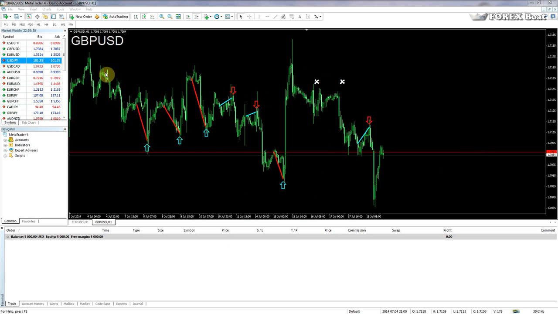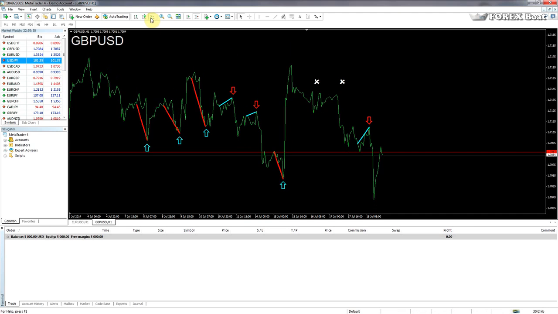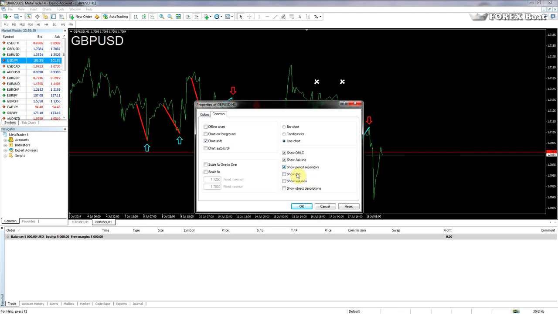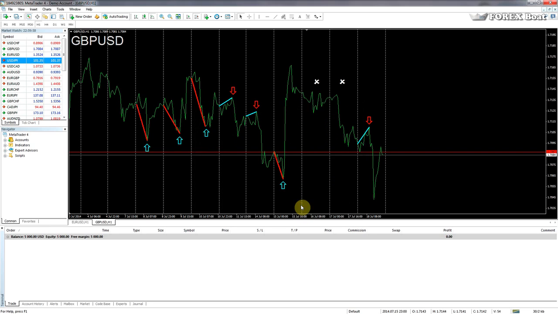So here you see the British pound dollar chart and some highlights that I've already made. And they might not make sense right away, but watch how this changes in less than a minute as I just adjust the chart a little bit. So first of all, we're going to change the chart to a line graph. And then I'm going to go into properties and I'm going to add the period separators just like we did in the previous tutorial.